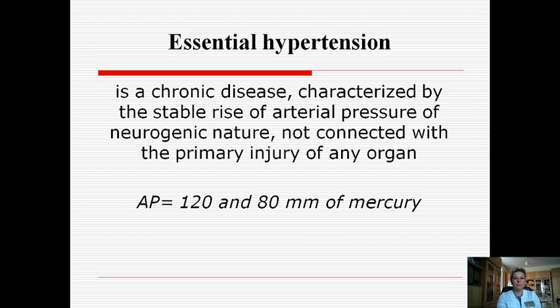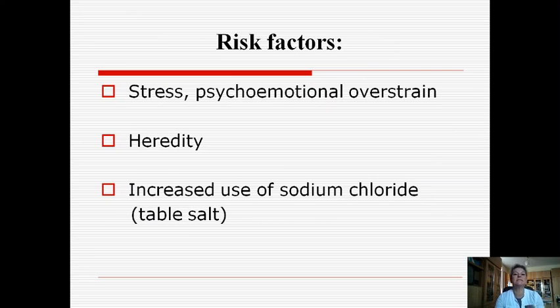A normal arterial pressure in the middle-aged man is 120 and 80 millimeters of mercury. What are the risk factors or etiological factors for essential hypertension? First, this neurological origin.